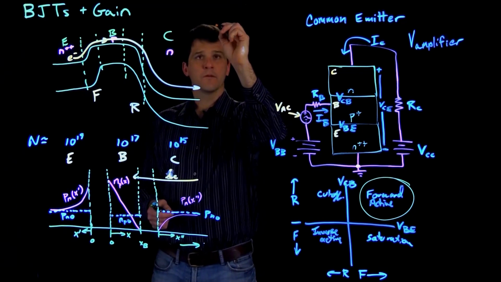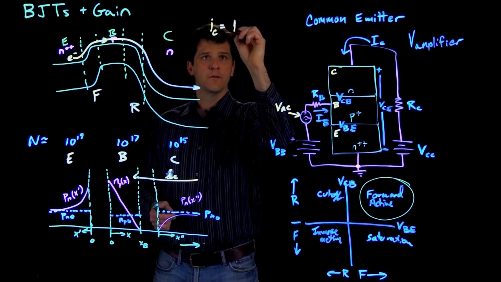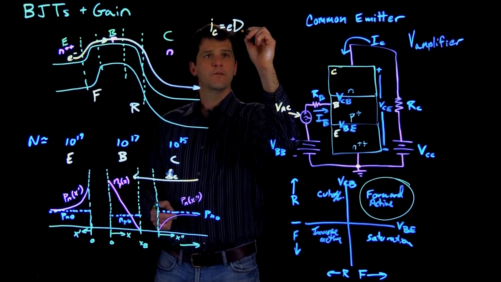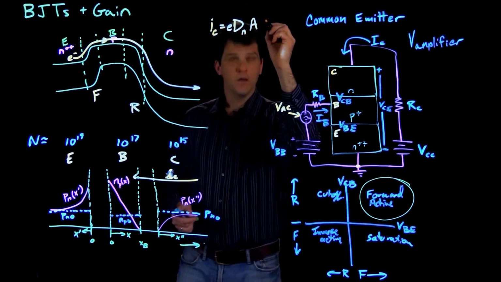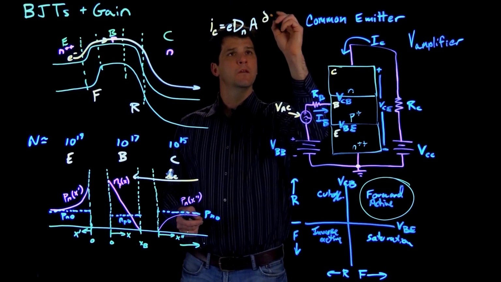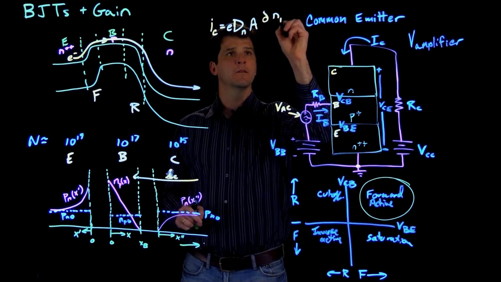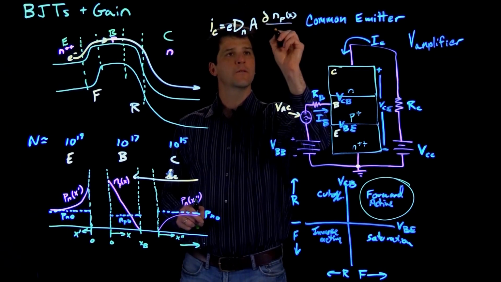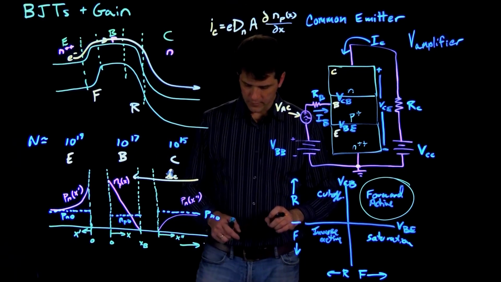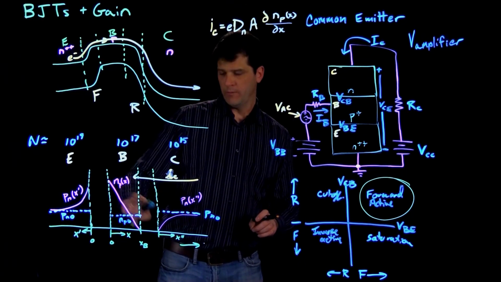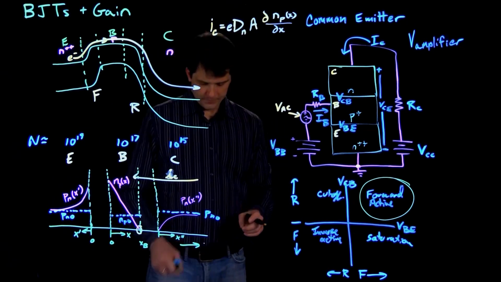we end up having to evaluate currents that look something like this. Diffusion constant times an area times a derivative of the carrier density with respect to x. So there's our diffusion current, and we're talking about right here at the edge of this depletion width.